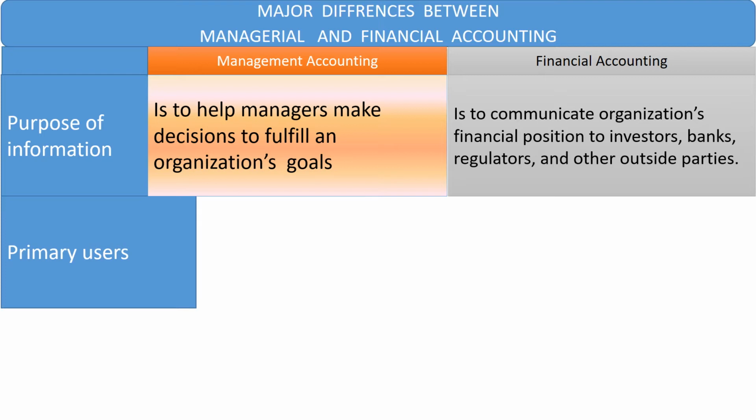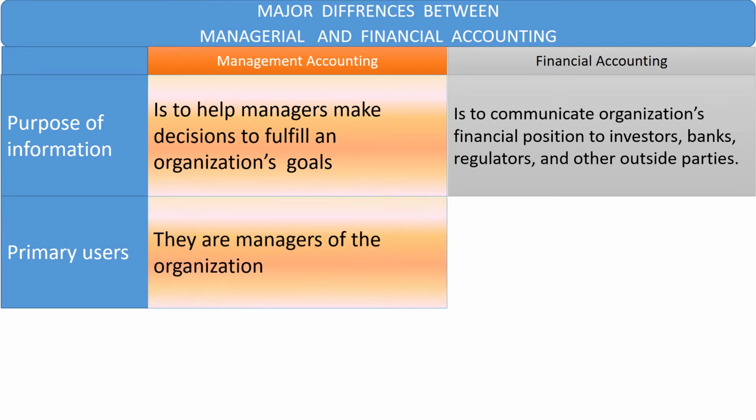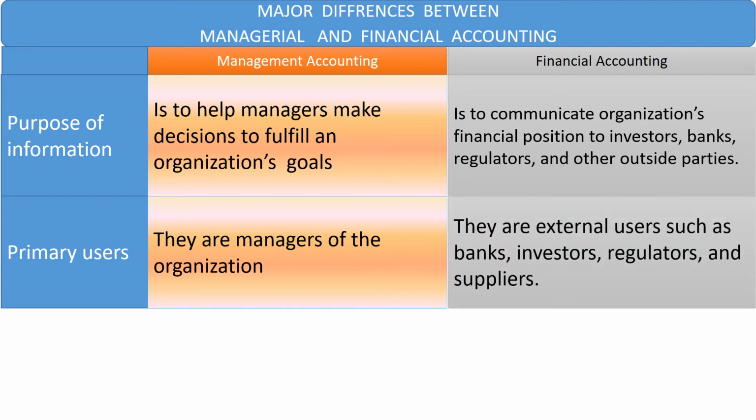From the point of view of primary users, in management accounting, they are managers of the organization. But in financial accounting, they are external users such as banks, investors, regulators, and suppliers.